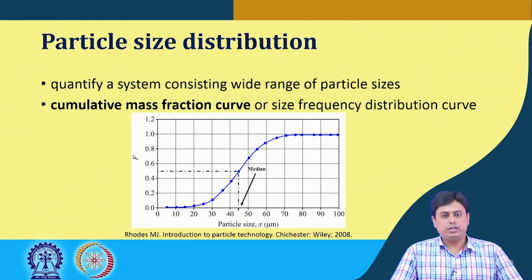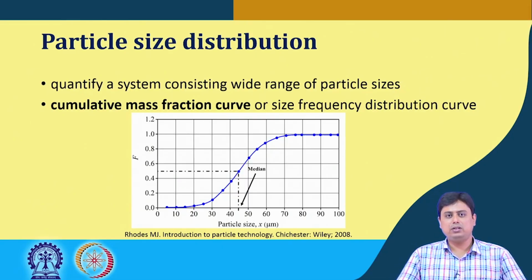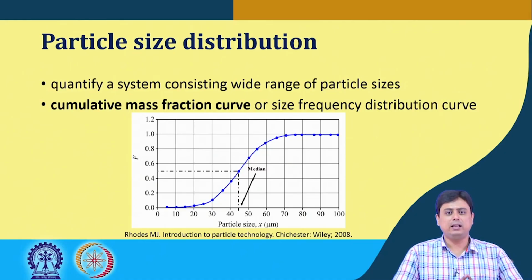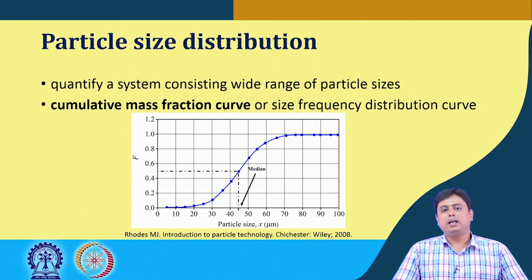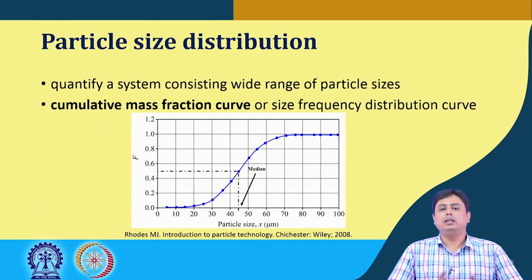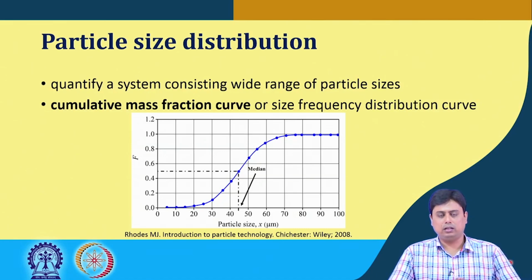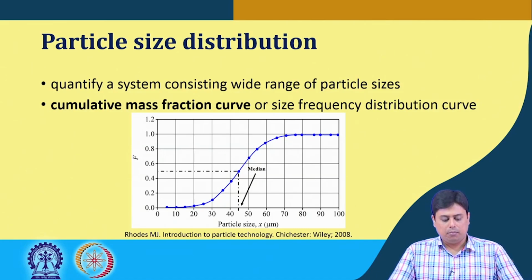So, it is essential to quantify a system that consists of a wide range of particle sizes by a single number, so that people can understand that we are dealing with this sample, and it can vary from sample to sample. A very simple way to represent that is what I have shown in this slide, by this frequency distribution or cumulative mass fraction curve.